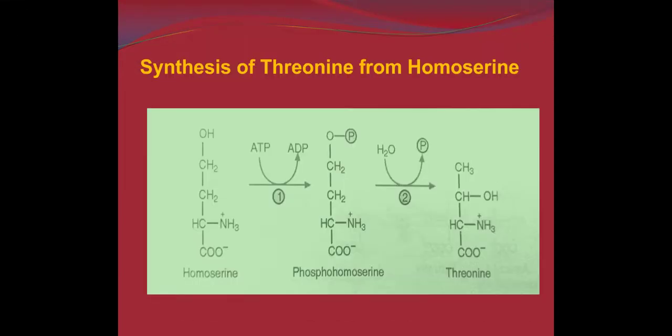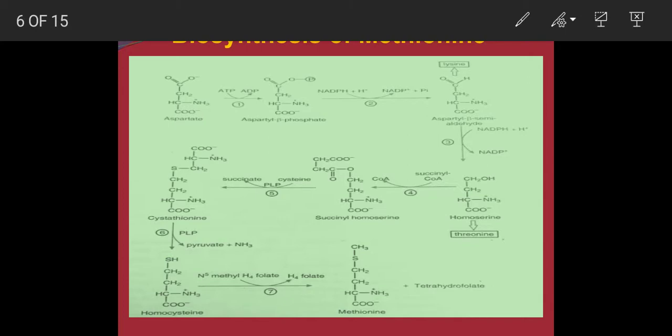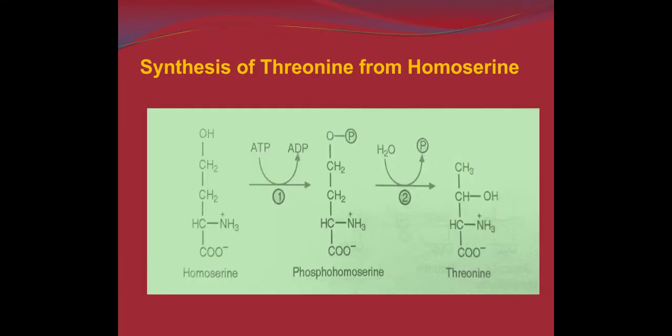Now, the biosynthesis of threonine from homoserine. As we see in this reaction, the threonine is formed from homoserine and this homoserine is formed from the aspartate. Now, we see the synthesis of threonine from homoserine by a two-step reaction.